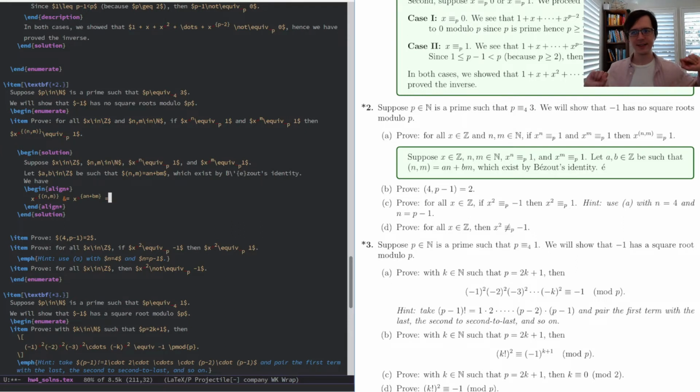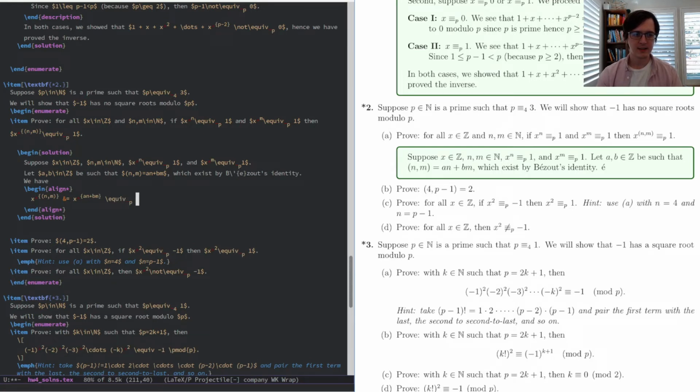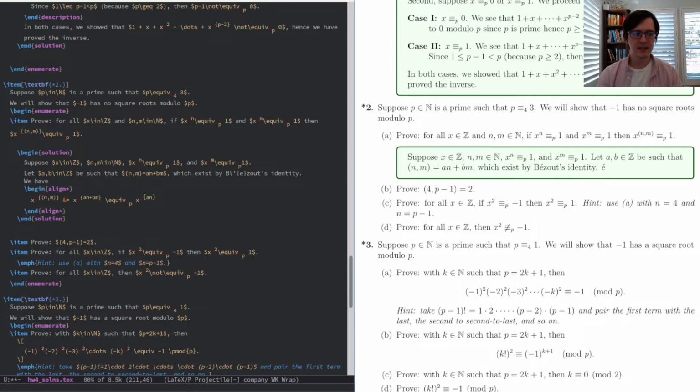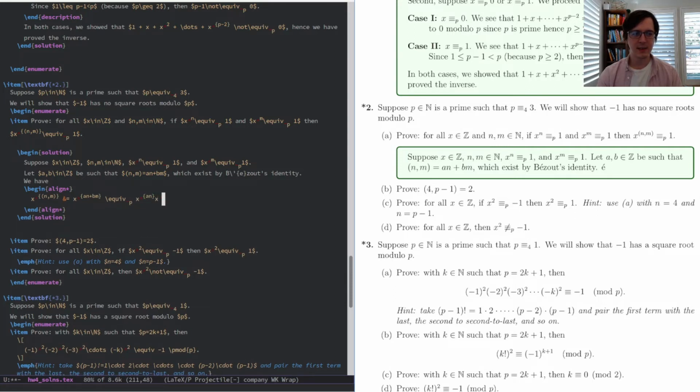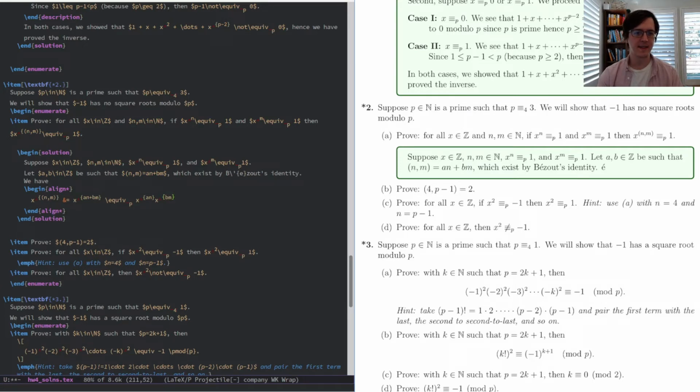Okay, so yeah, here's an issue. A might be negative, B might be negative. So I'm just going to turn this into a congruence. Because they might be negative, so we might be calculating inverses.